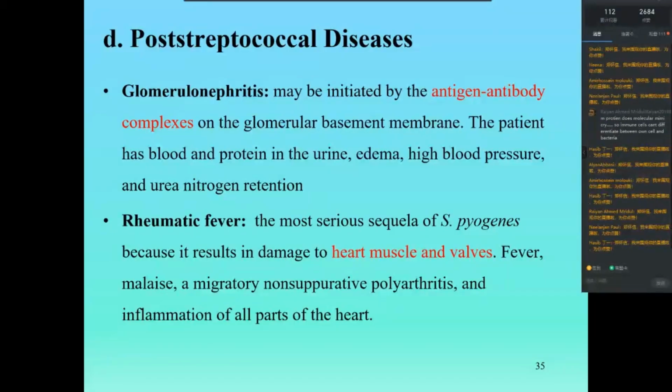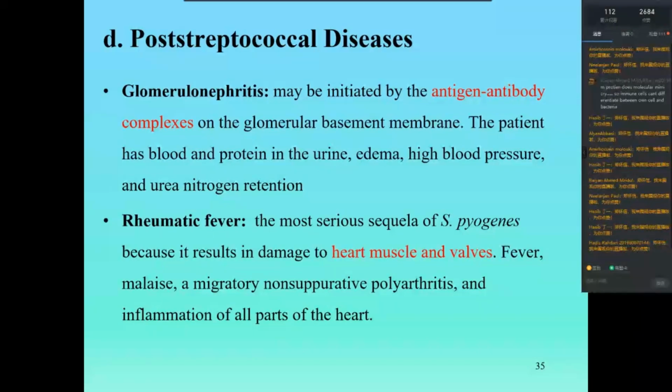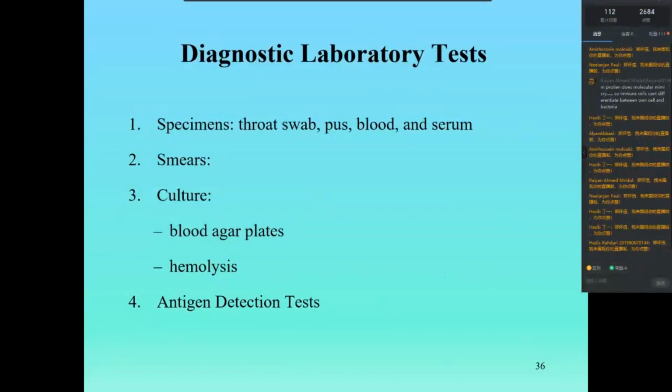Penicillin G is the first line of antibiotic to treat Streptococcus. You might also use other antibiotics if the patient is allergic to penicillin.